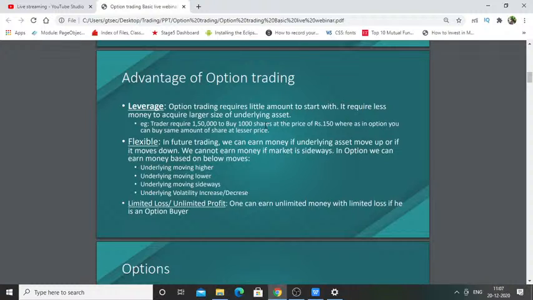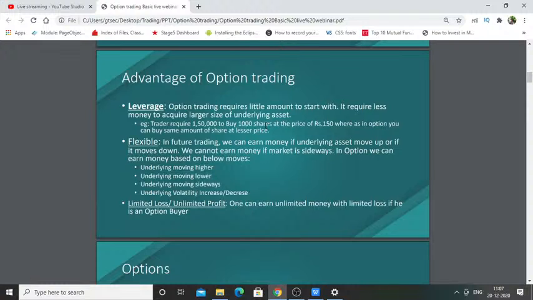If you're a buyer and volatility increases after you enter the trade, you're going to get the profit. Or if volatility decreases once you have entered as an option seller, then also you're going to get the profit even though the stock is not moving anywhere. This is an advantage of option trading, I would say.